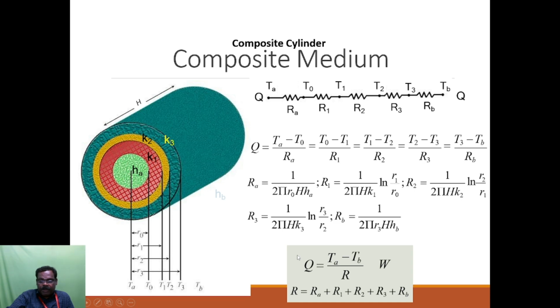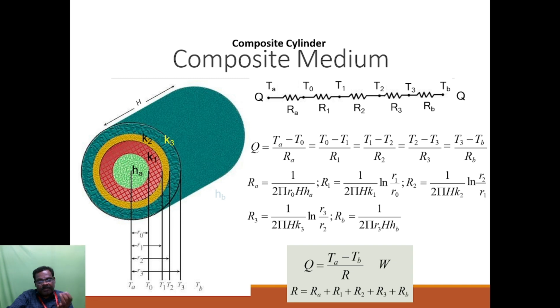Whatever it may be, Q equals net temperature difference divided by R. Here R is the summation of RA, R1, R2, R3, RB, equal to capital R. Then (TA minus TB) divided by R equals the heat transfer rate, also denoted by W. So you can get some problems in composite media.